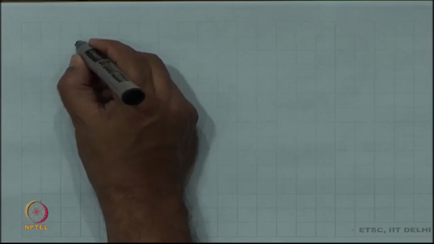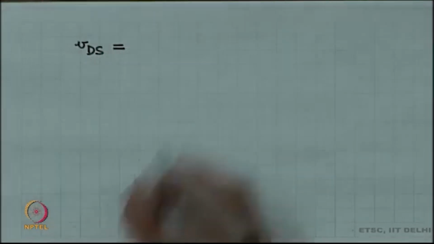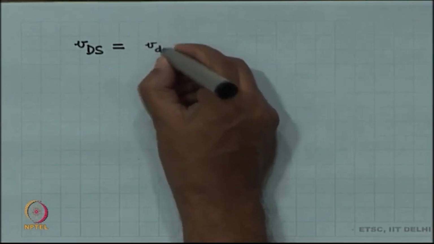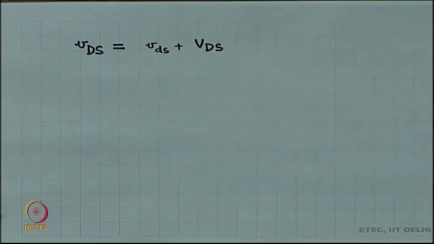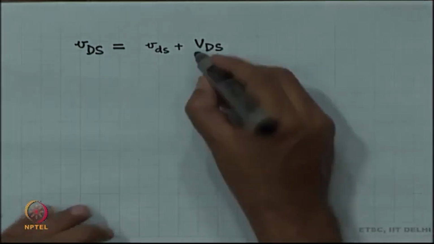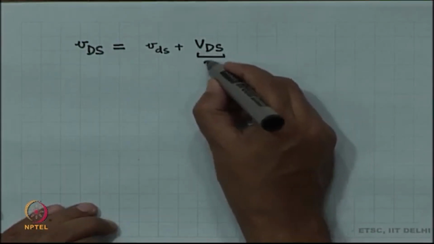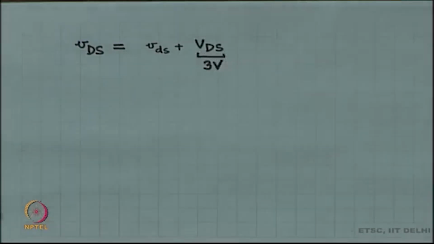Now, when I say VDS, this is really small vds plus capital VDS. Agreed? And capital VDS I know is 4 volts minus 1 volt, capital VDS is 3 volts.